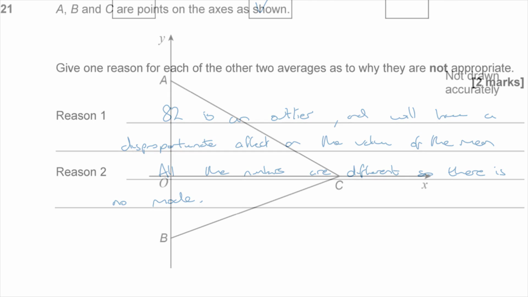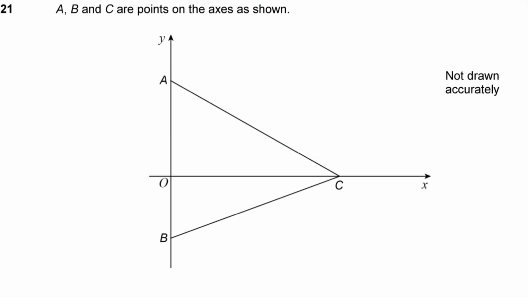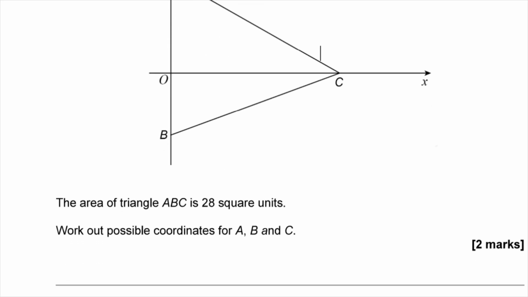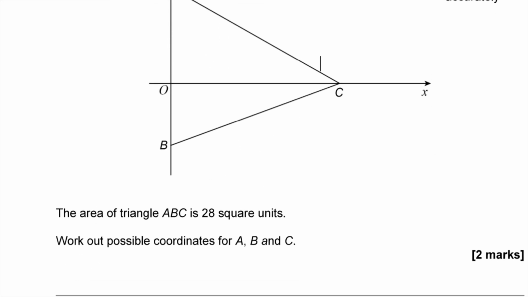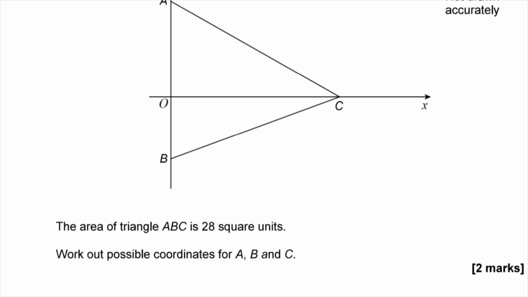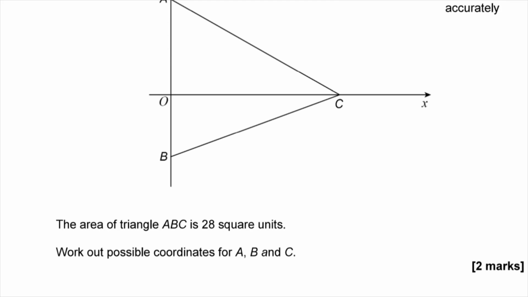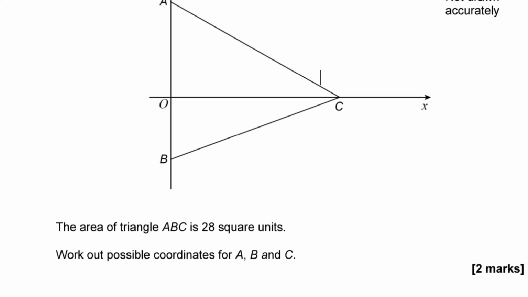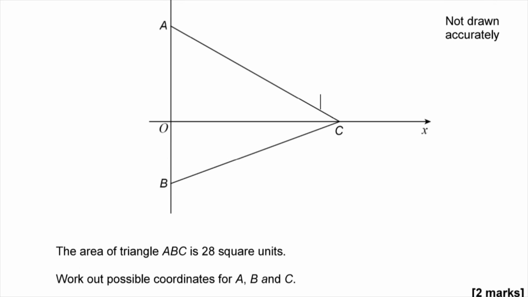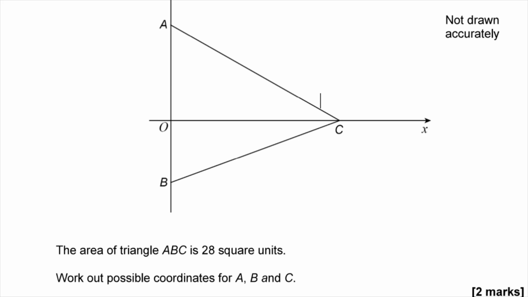Okay. Question 21. A, B, and C are points on the axes as shown. We're told that the area of triangle ABC is 28 units. Work out the possible coordinates of A, B, and C. Okay. So the area of a triangle is going to be half base times height, isn't it?